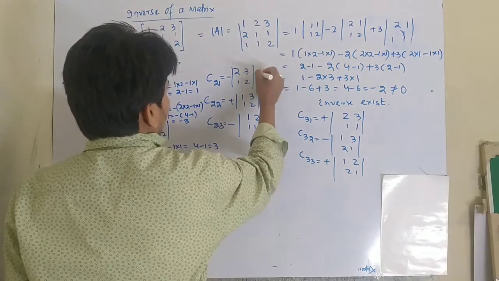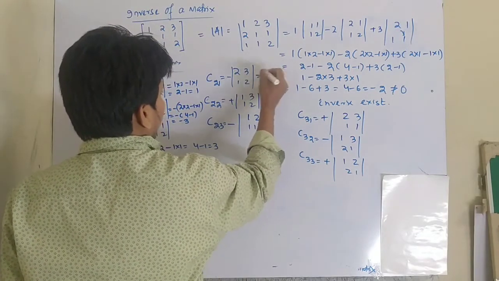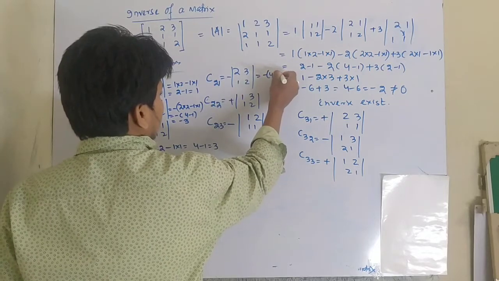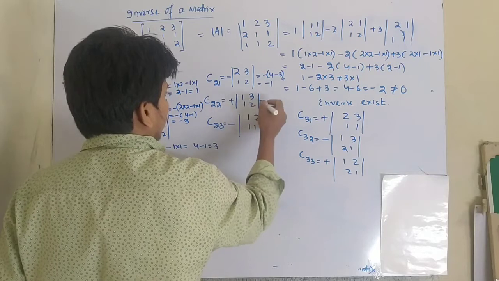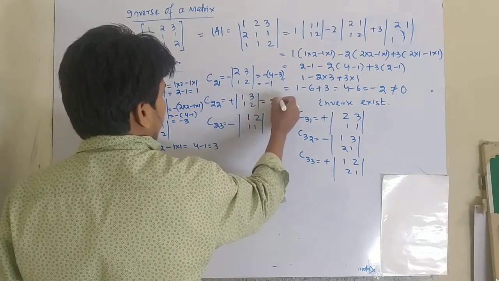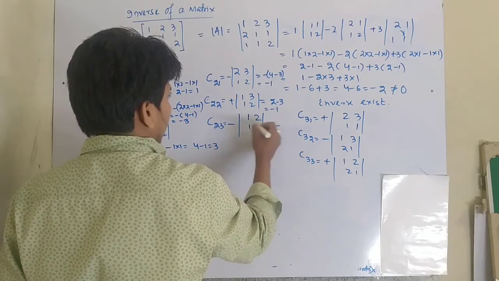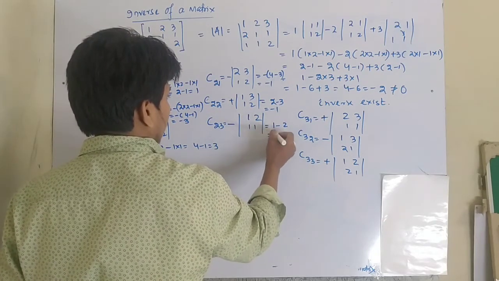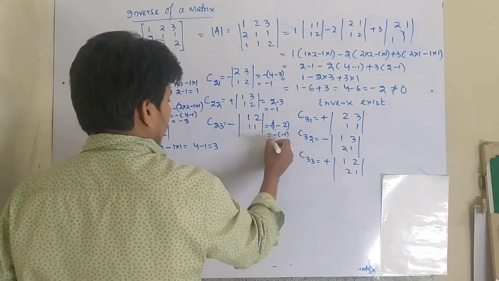Like that, minus is there. 2 into 2, 4 minus 3 is minus 1. Here 1 into 2, 2 minus 3 is minus 1. Like that, 1 into 1, 1 minus 2. Here minus is there, so minus minus 1 is plus 1.